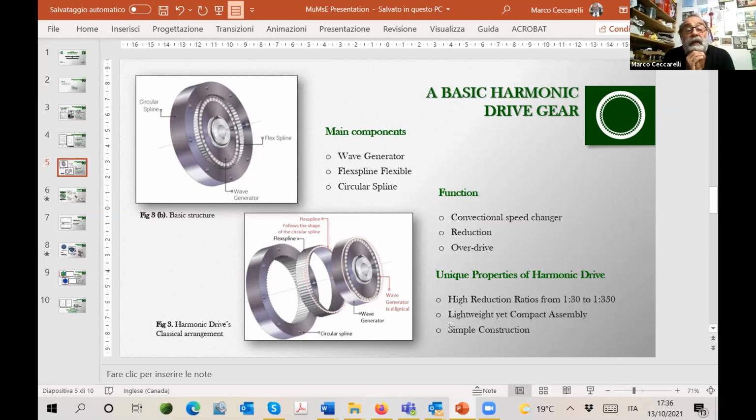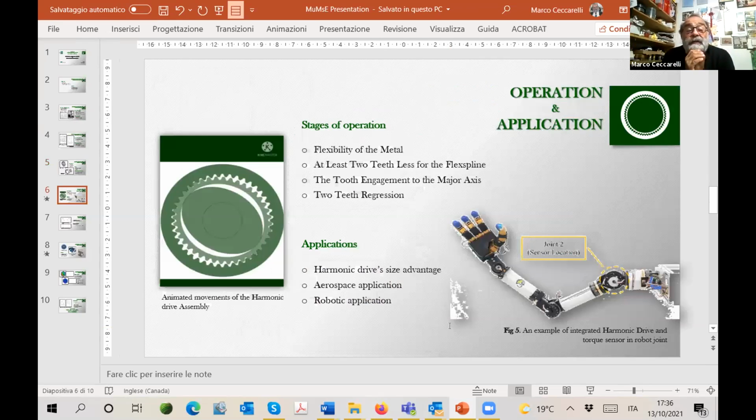Well, the success is that this harmonic drive design is now applied mainly in robot solutions, because it can keep the transmission very compact, even inside the joint design. And this is an example that we have reported to stress the success of the main peculiarity we just addressed.